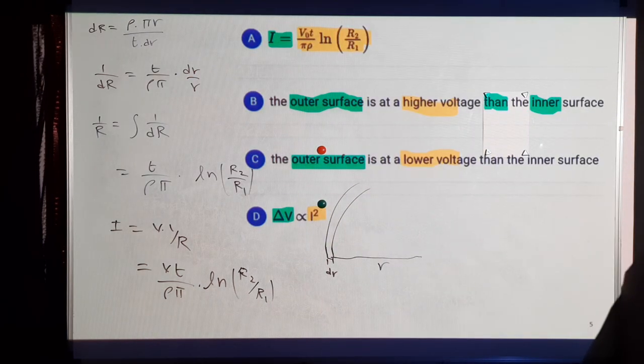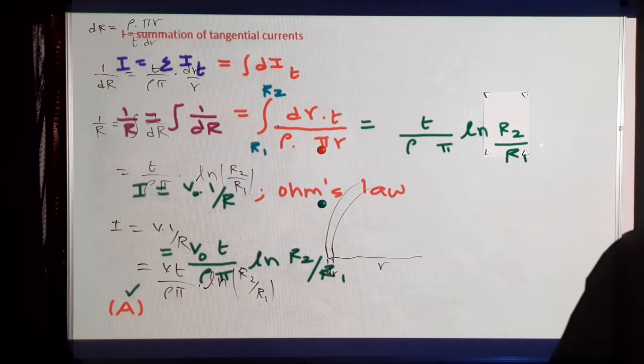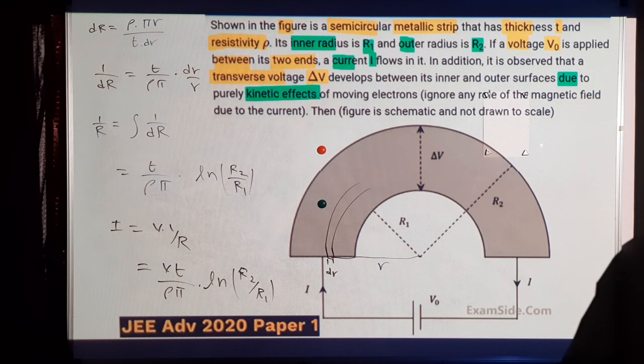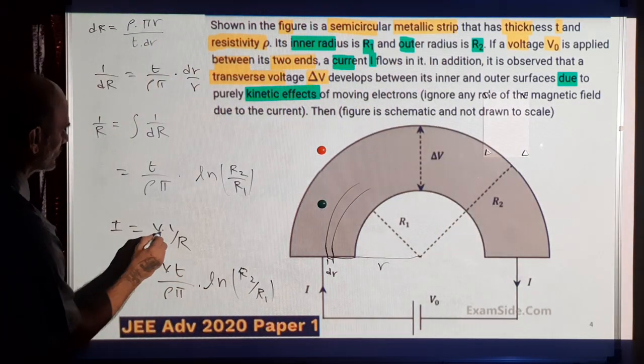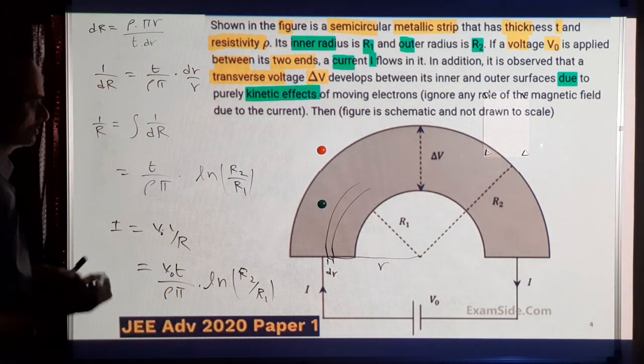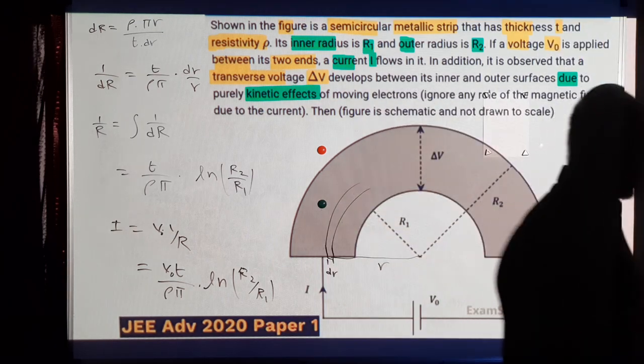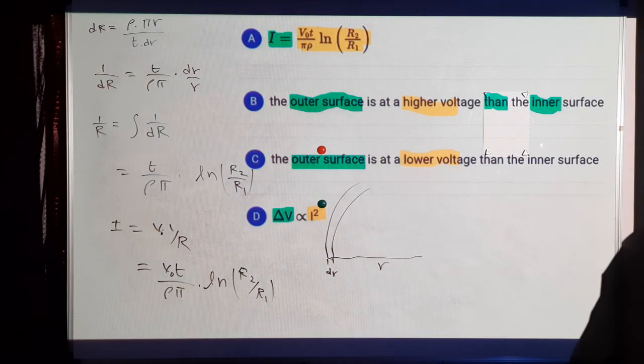So statement A says the current I is that, where the voltage is V0. So current equals V0 T by pi rho ln R2 by R1. So option A is true.